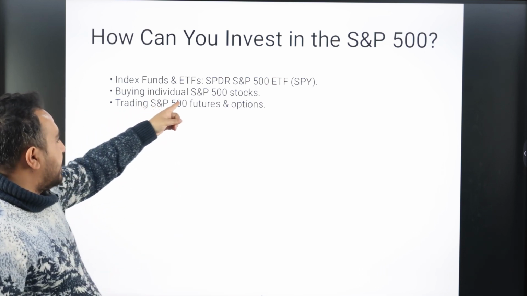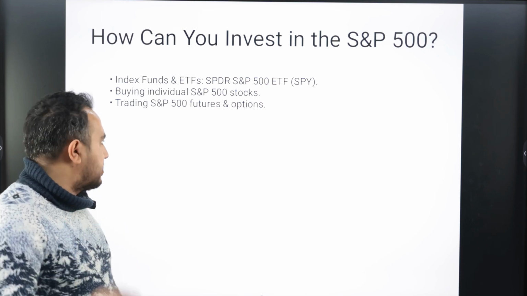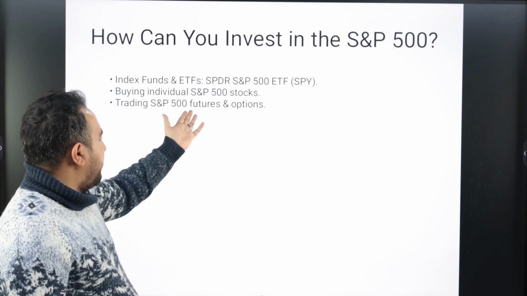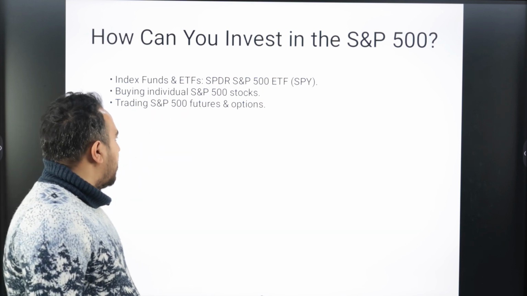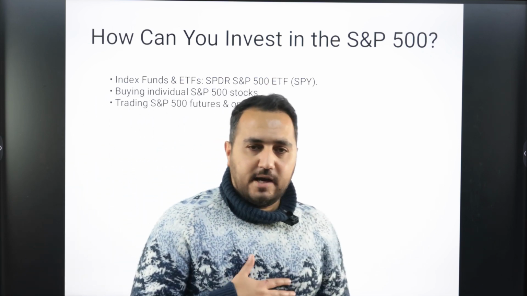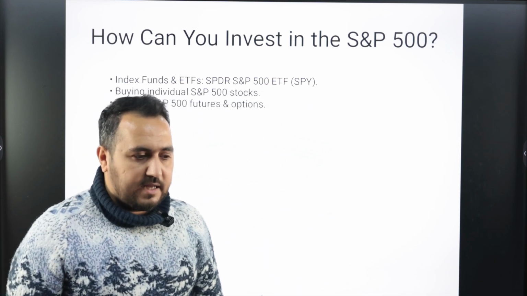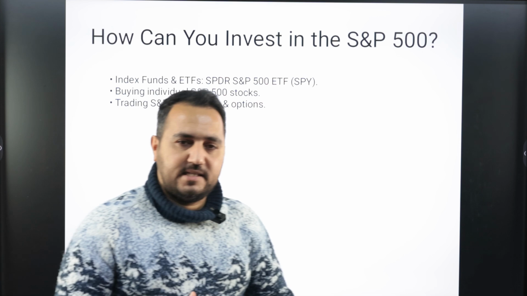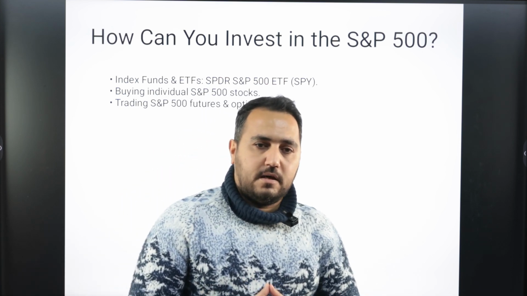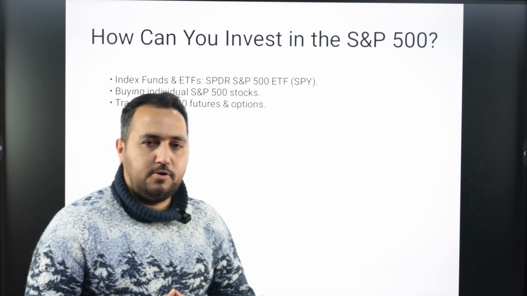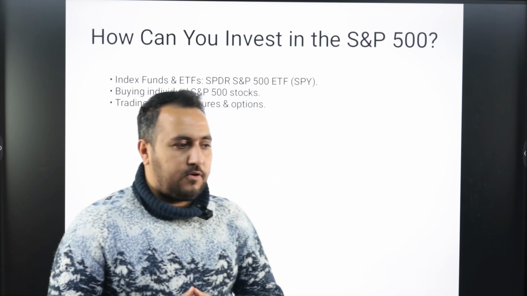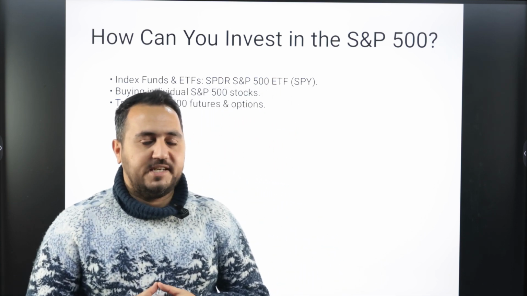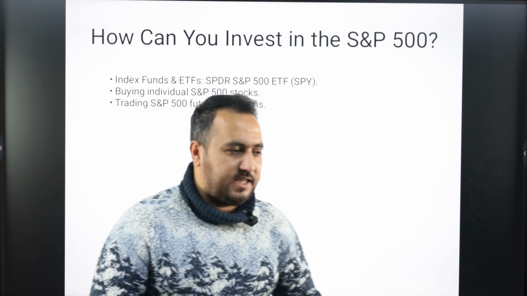Besides ETFs, you can buy individual S&P stocks, or trade by having contracts on S&P 500 futures and options. For example, I am a forex trader, and I don't have access to buy shares and stocks from my location in Ukraine because of the situation, and not all companies welcome clients from these areas: Iraq, Ukraine, the Middle East in general.